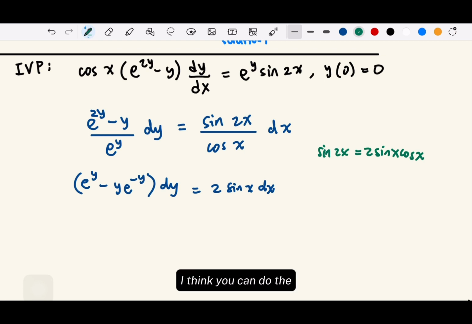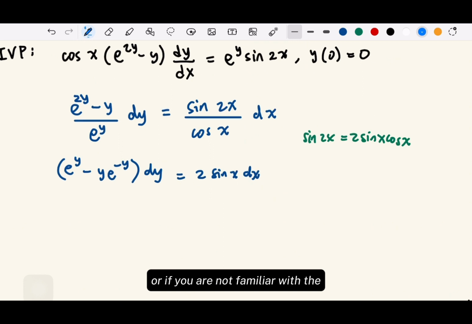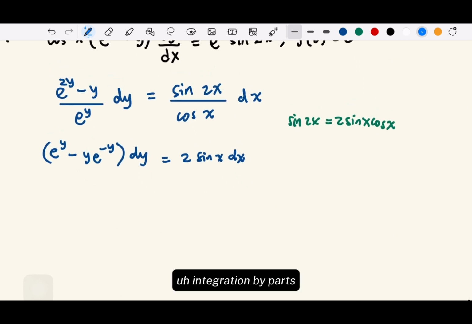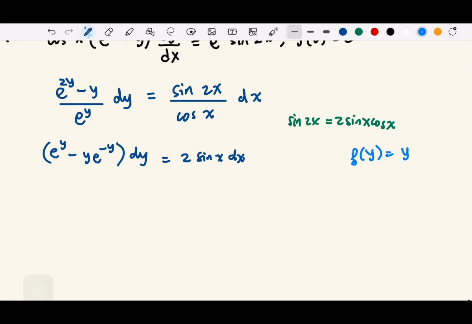I think you can do the, or if you are not familiar with the integration by parts, let me give you the, so let a function, let's say g of y is y e negative y, okay?